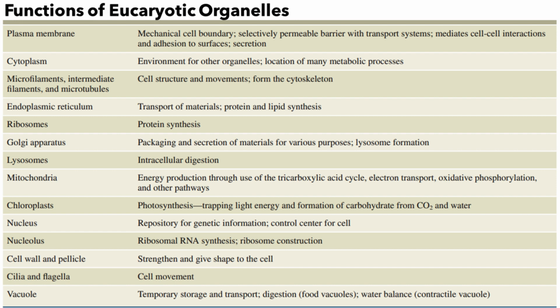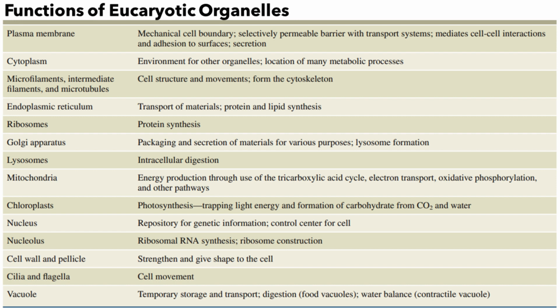Cytoplasm. It is the environment for other organelles and the location of many metabolic processes. Microfilaments, intermediate filaments and microtubules. Their function is cell structure and movements, forming the cytoskeleton.